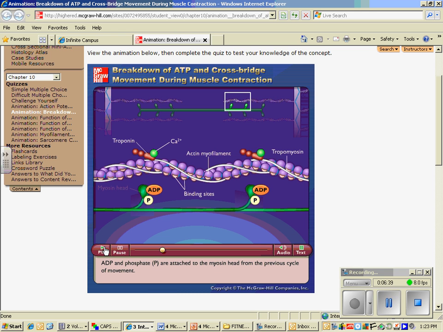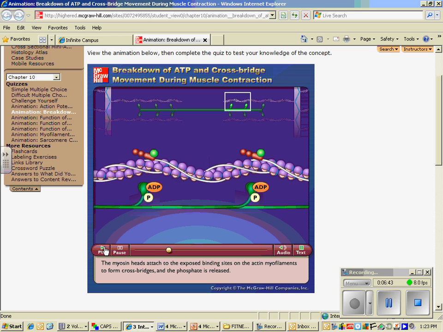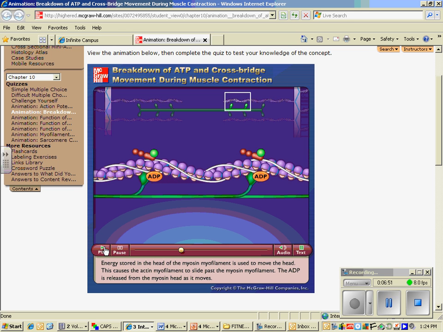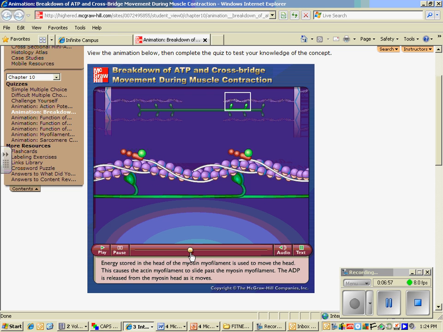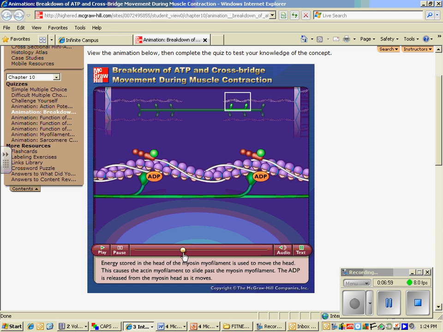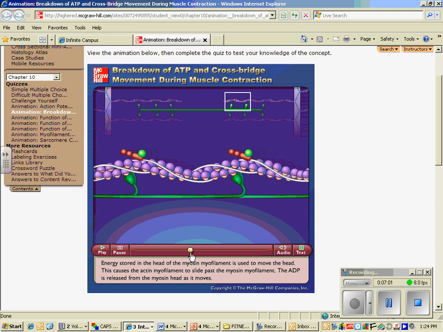The actin, the myosin head is going to attach eventually. Okay, they show it literally moving up. It really kind of doesn't. Okay, these just hook on and pull. Okay, hook on and pull.